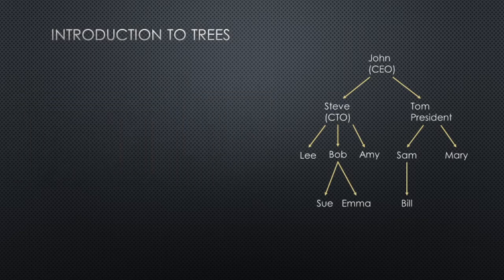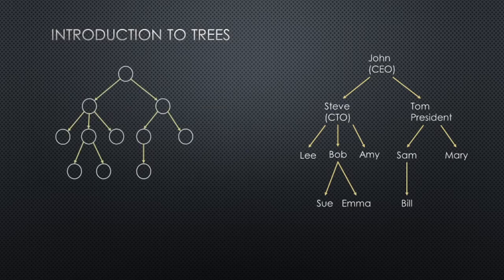Tree data structure can be defined as a collection of entities called nodes linked together to simulate a hierarchy. Tree is a non-linear data structure. The top node of the tree is called the root of the tree. Each node will contain some data, and this data can be of any type.